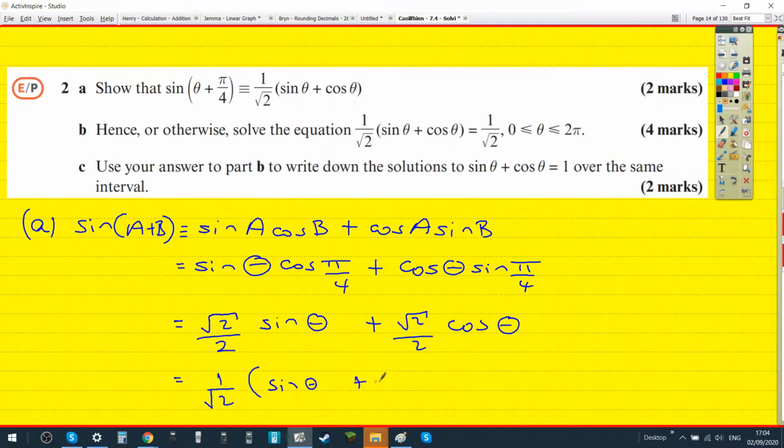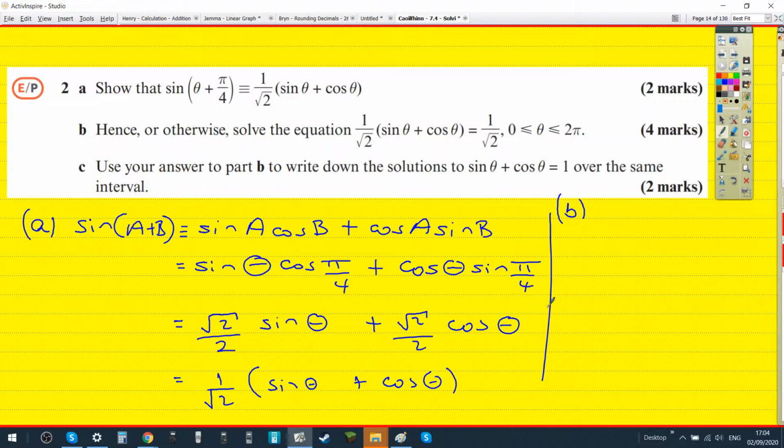True, because 1 over root 2 is the same as root 2 over 2, just rationalized. So it's equal to 1 over root 2.